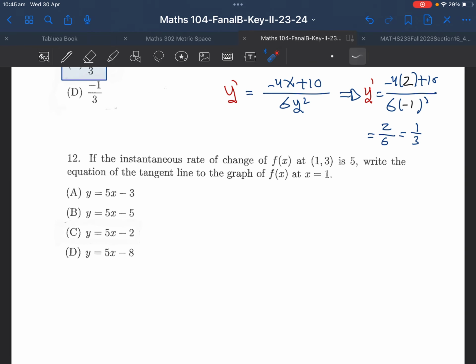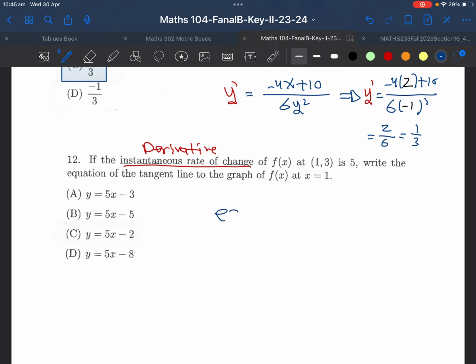Well, again, it's giving me the instantaneous rate of change. Remember, instantaneous rate of change is another word for derivative. So we have the derivative of f equal to 5. Write the equation of the tangent line of f of x at x equal to 1.